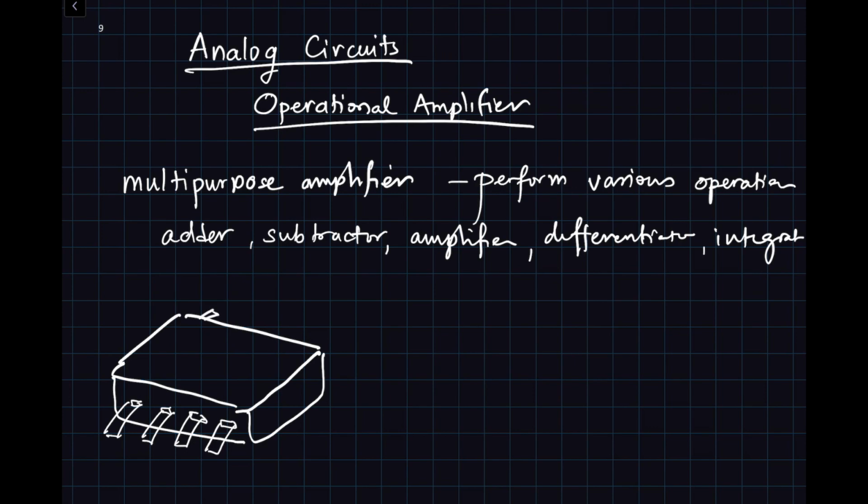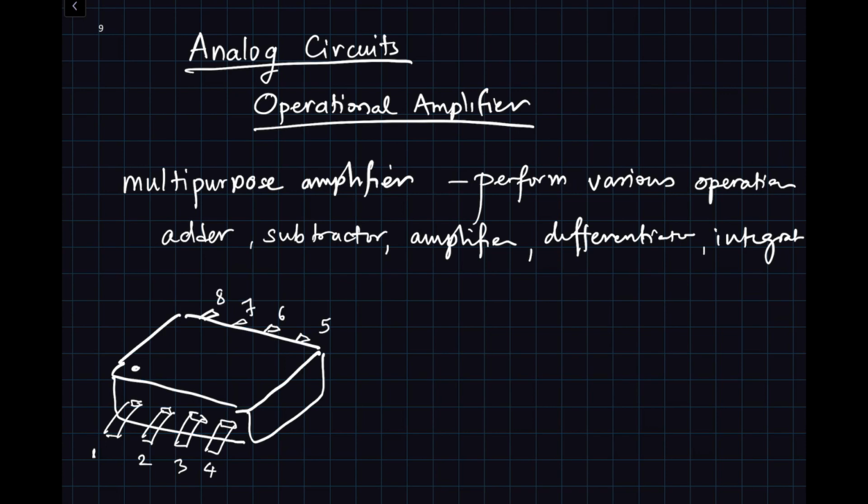You will have some on the other side too. Generally there is a dot over here, that means this is pin number 1, 2, 3, 4, and then it goes this way, 5, 6, 7, 8. That's a generic convention.